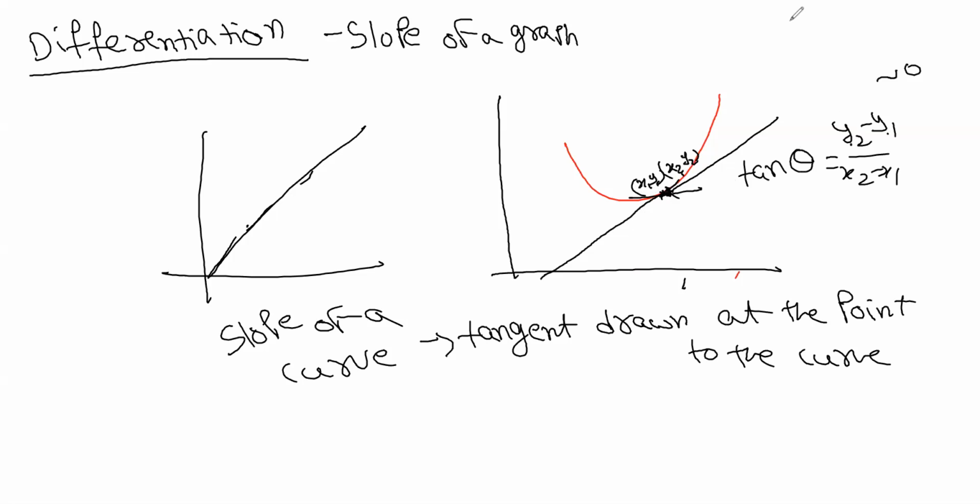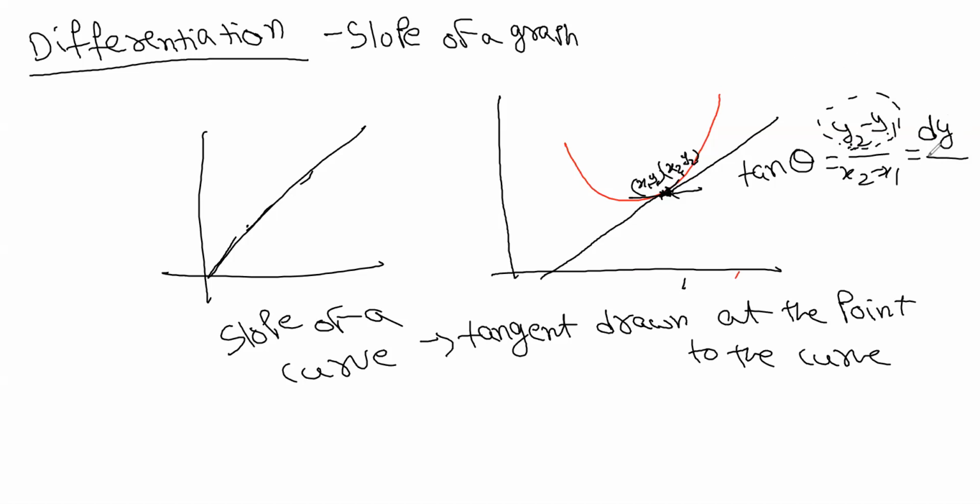When a physical quantity is very, very small, we represent it with d, that is the differentiation, dy. When the difference is very minute, similar to 0, we take it as d.